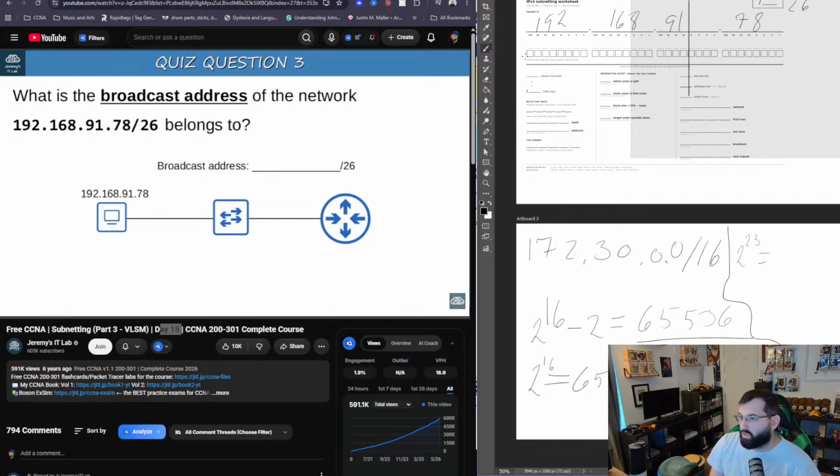192.168.91.78/26. So 8, 16, 17, 18, 19, 20, 21, 22, 23, 24, 25, 26. So that means we're going to move our little line to right there. So we have 1, 2, 3, 4, 5, 6 host bits.